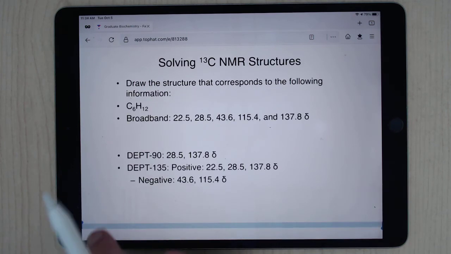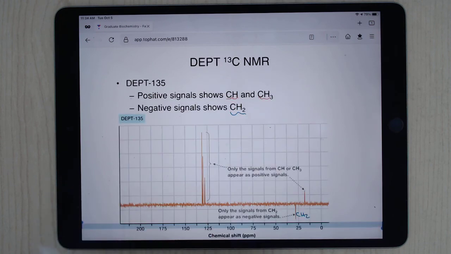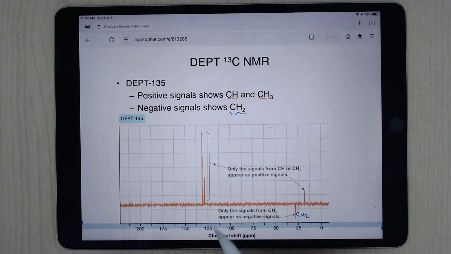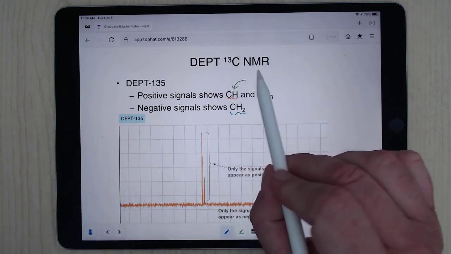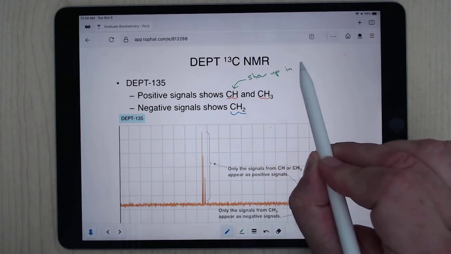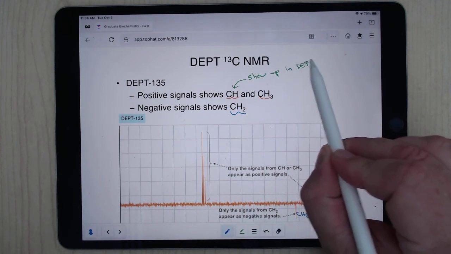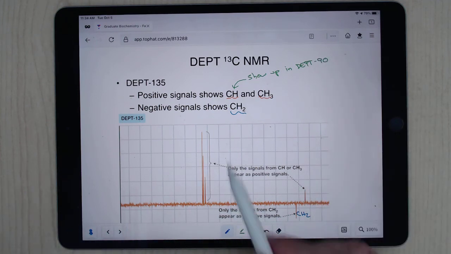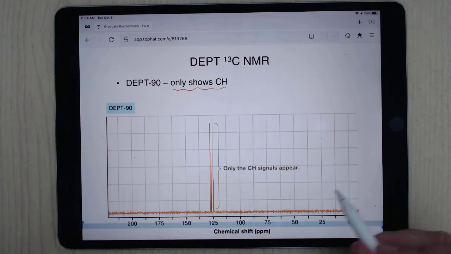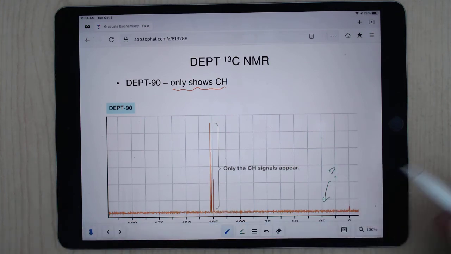Now, here's the question. How do you know if on a 135, it's a CH or a CH3? Well, this is going to show up in the DEPT-90 experiment, right? So we know from this experiment that these guys here are CHs, because it's only CHs here, but nothing here.